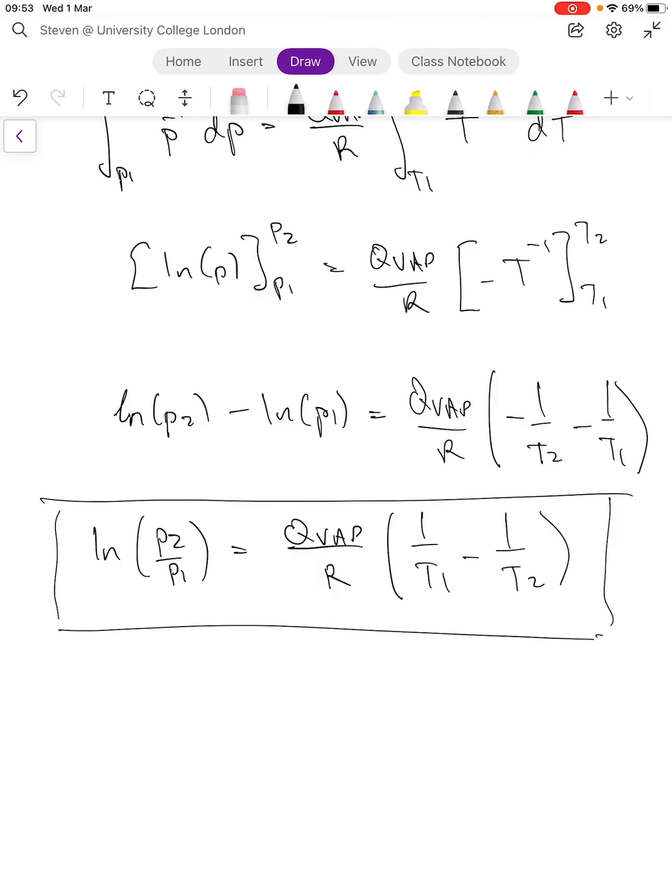So we looked again at this example of water boiling on Mount Everest, and we got a result that was pretty close to the experimentally measured value.